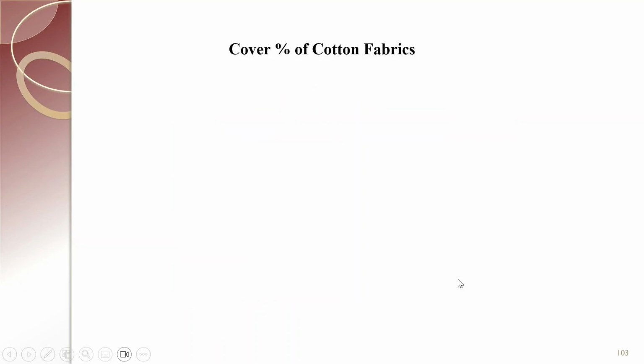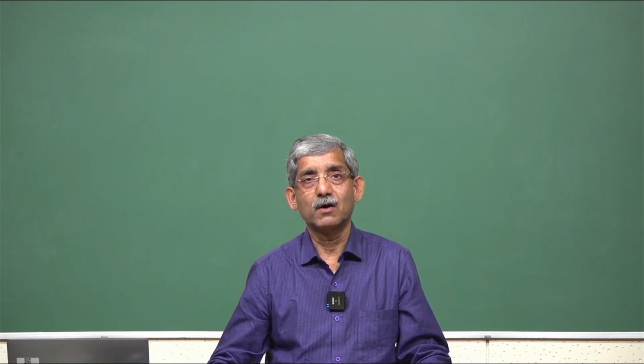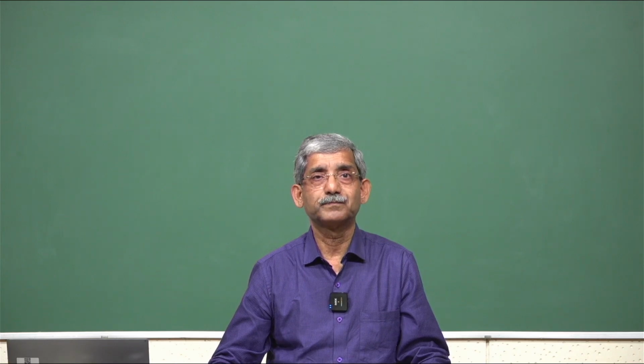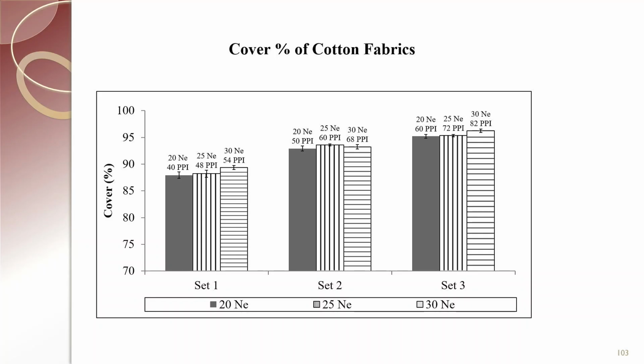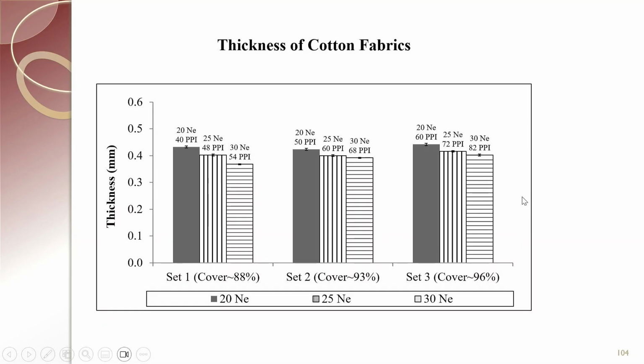Now, try to see the cover of cotton. Till now what we discussed was cover percent of polyester, now cover percent of cotton fabric. The cover percent is almost the same, there is no significant difference. Thickness is reducing consistently with the change in the yarn count.